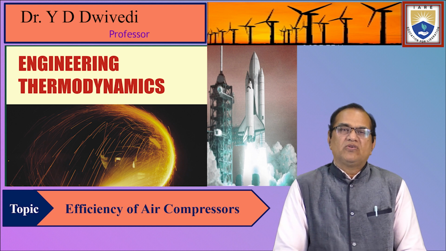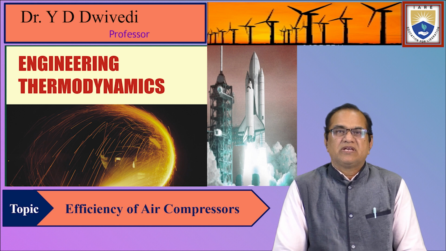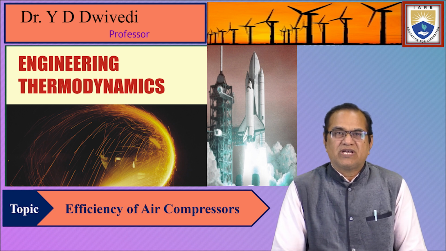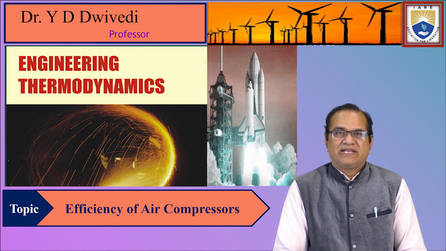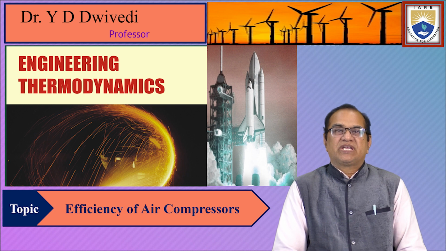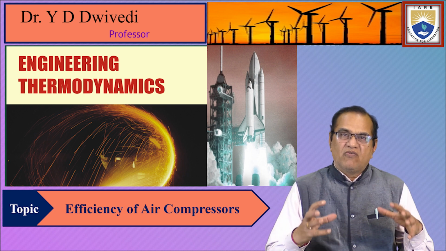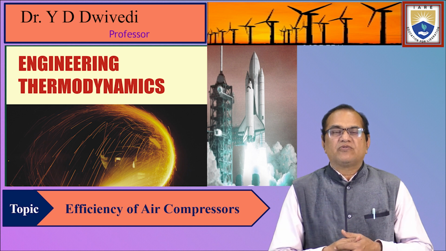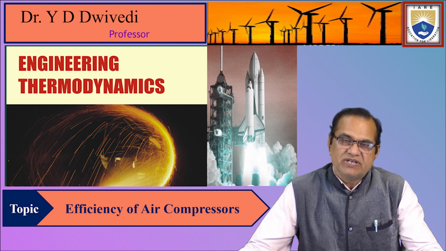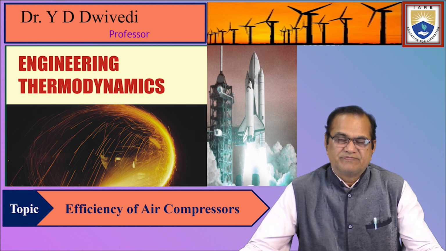In the second module, we learned about the second law of thermodynamics. The second law of thermodynamics gives that there is an efficiency which is not 100%, meaning every heat or every energy cannot be converted to useful work. There will be some losses. Those losses are measured with the help of the efficiency of any system.